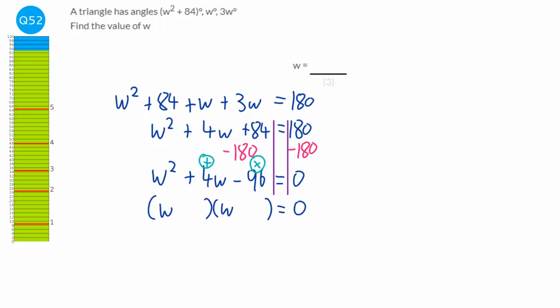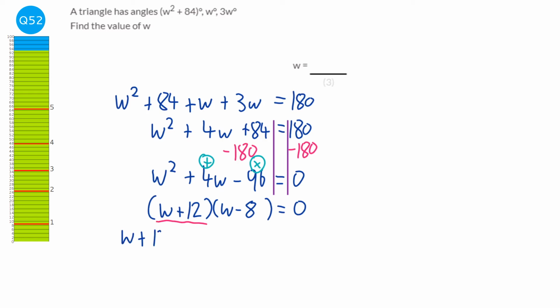It's going to be a positive and a negative to get that negative there. 96 is 12 and 8, so it'd have to be a positive 12 and a negative 8 to add together to make a positive 4. And 12 times minus 8 is minus 96. That works.